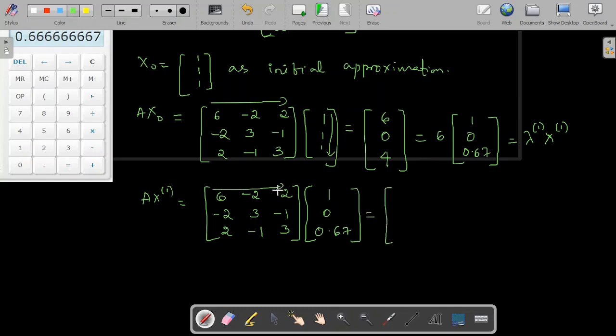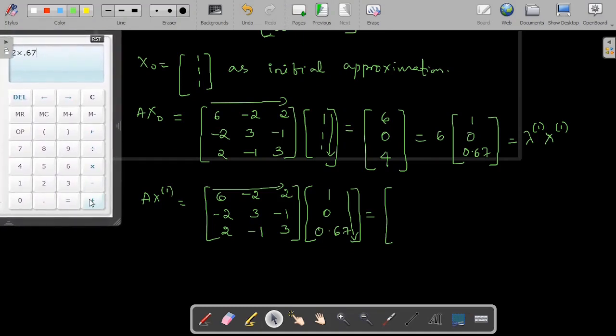This is the first row, first column: multiply 6, this is anyway 0, plus 2 into 0.67, which is equal to 1.34.